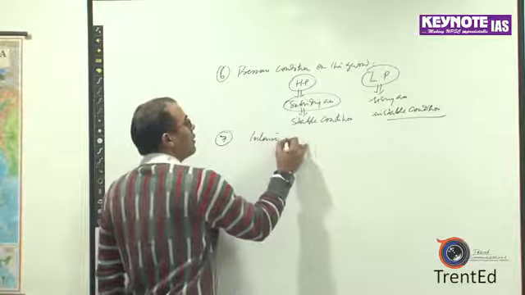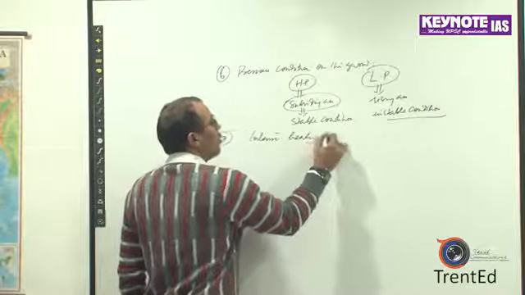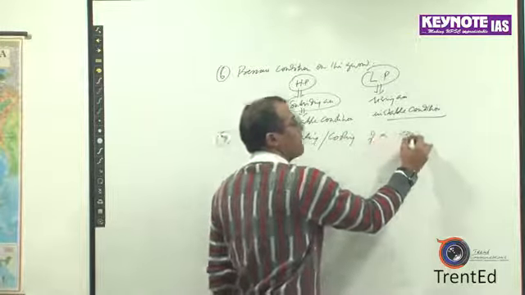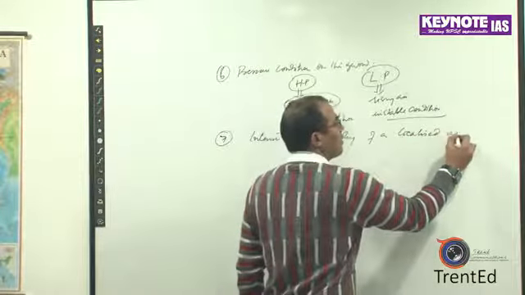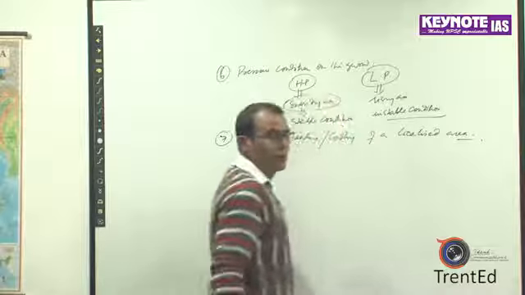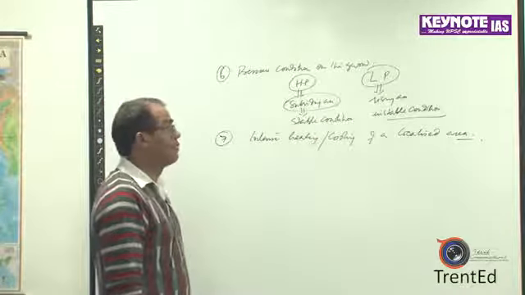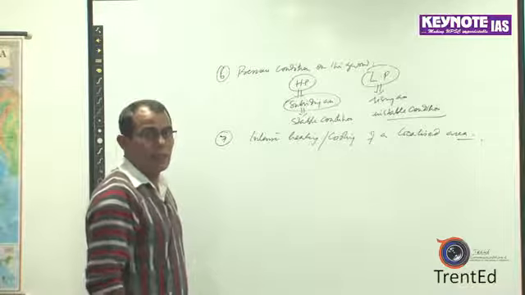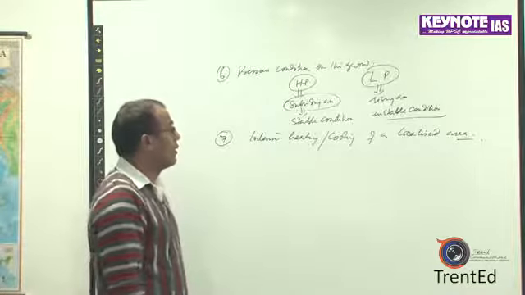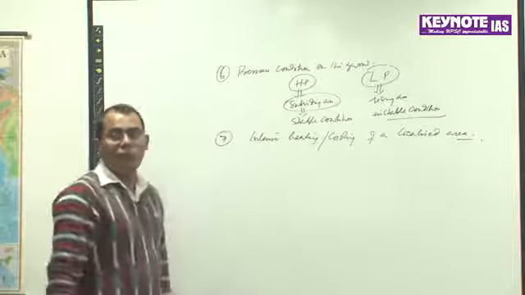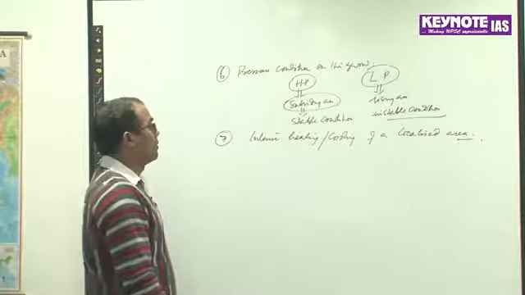Intense heating or cooling of a localized area. Right? If it is water bodies and heating, it will produce an unstable condition. If it is land areas and cooling, stable conditions.